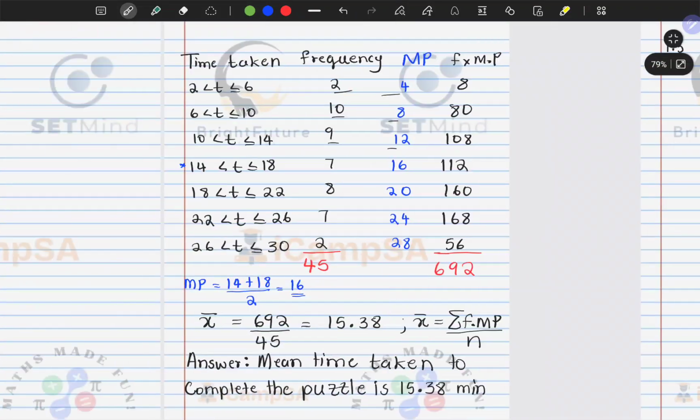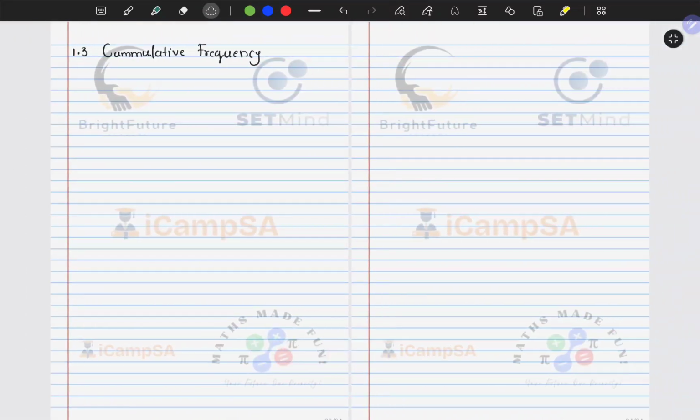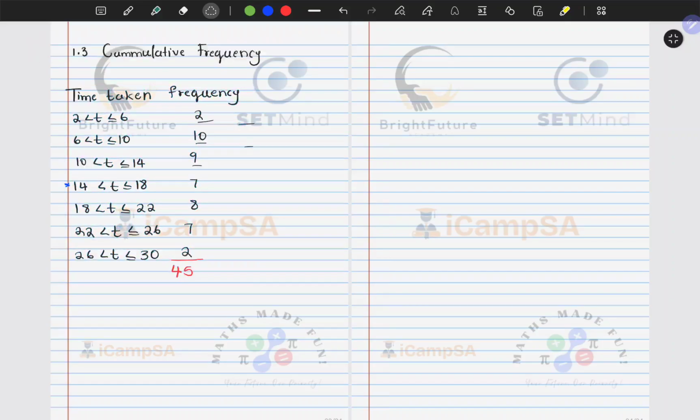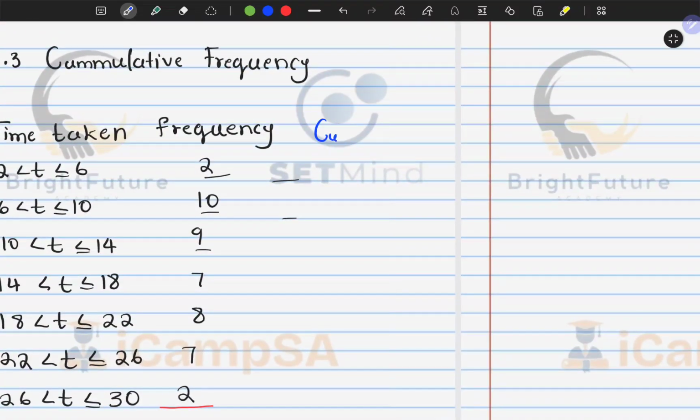I'm going to take the table that we already have here and populate our cumulative frequency. We already have our frequency, so let's go and cook our cumulative frequency. You will need another column, which is your cumulative frequency.